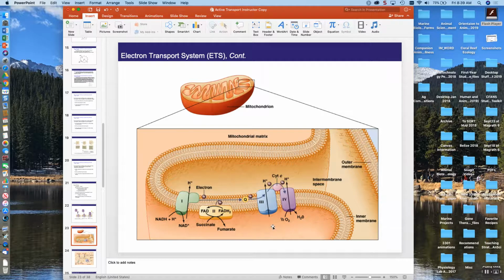Actually, you can see it transports protons into this intermembrane space until you get this very high concentration of protons within this space, within the mitochondria. So imagine that this interior part has really high concentration of protons, very, very acidic.